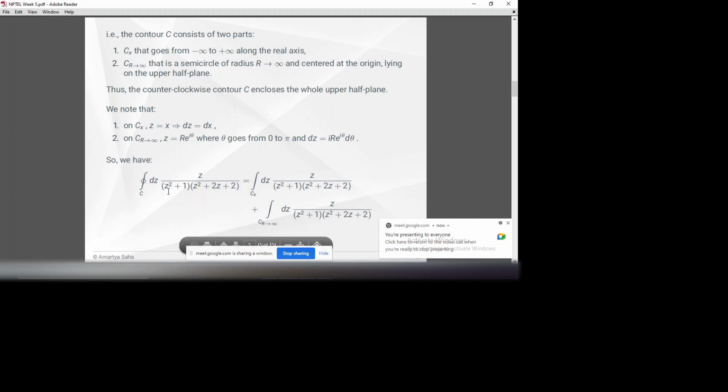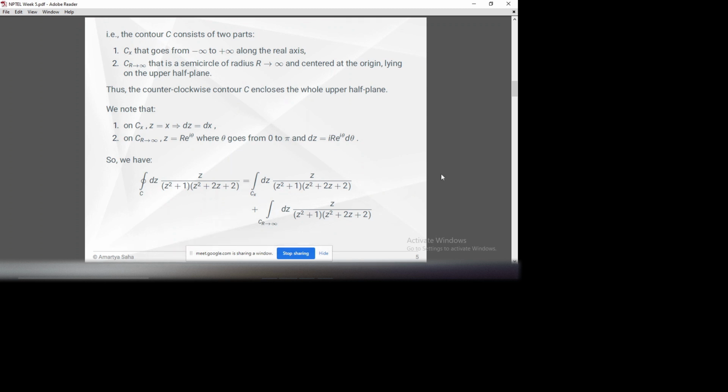Our complex contour integral was this one, the left hand side, and now I have separated out the contributions from each of these two parts, written separately. One is along this Cx and one is along this C_R at infinity, and most importantly these two integrals are not along a closed contour. So even though the left hand side is a closed contour, the contours on the right hand side are not closed.